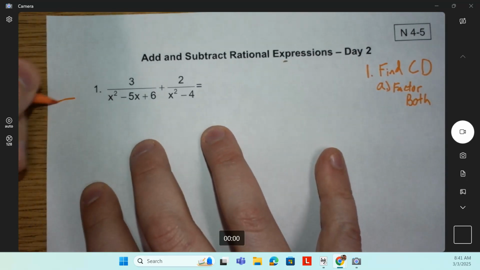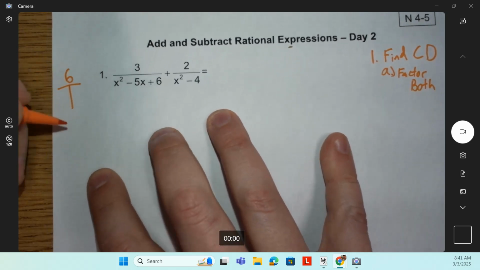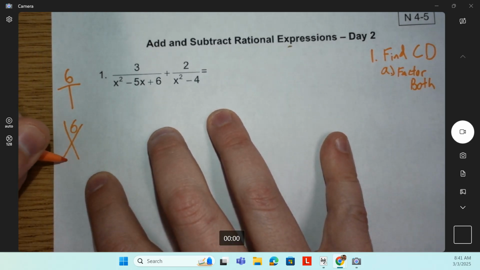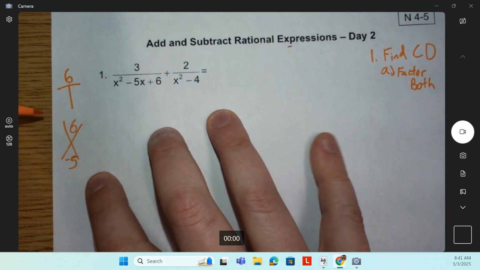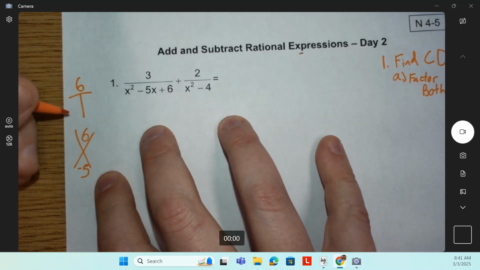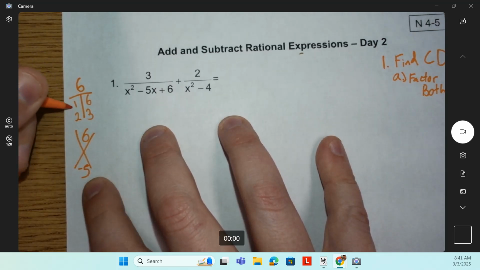That means I need something that multiplies to 6 and adds to negative 5. Since it's multiplying to get a positive, both are going to have to be negative in order for the sum to be negative.